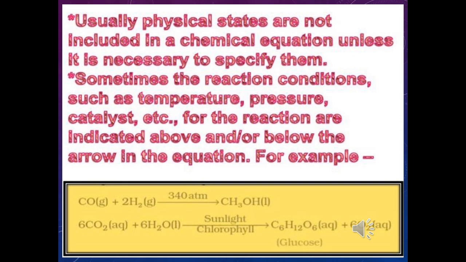For example, CO2 gas plus 2H2 gas in the presence of 340 atmospheric pressure gives rise to CH3OH, that is methanol liquid. 6CO2 plus 6H2O in the presence of sunlight absorbed by chlorophyll gives C6H12O6 plus 6O2.